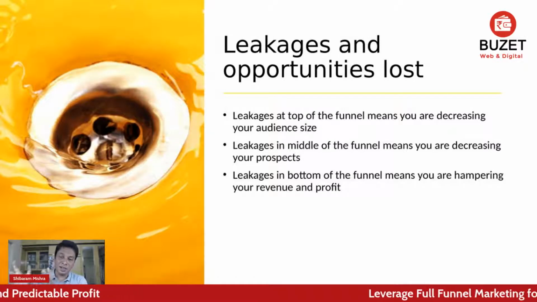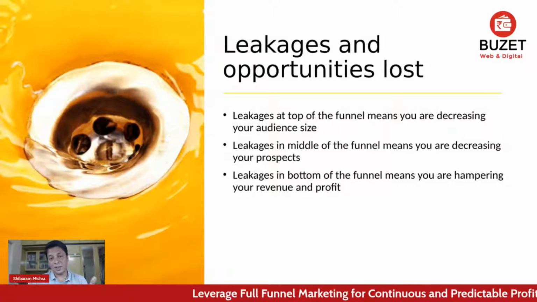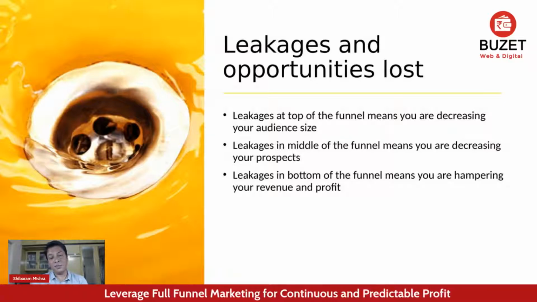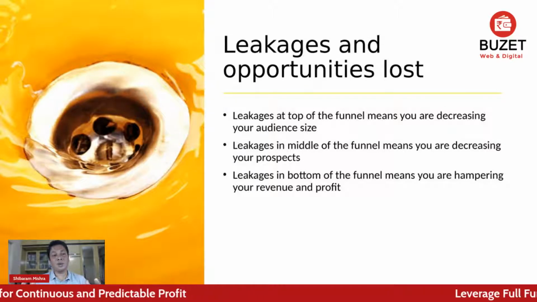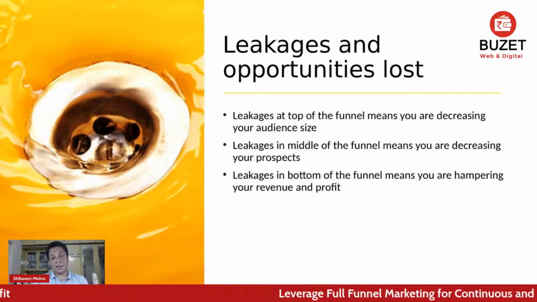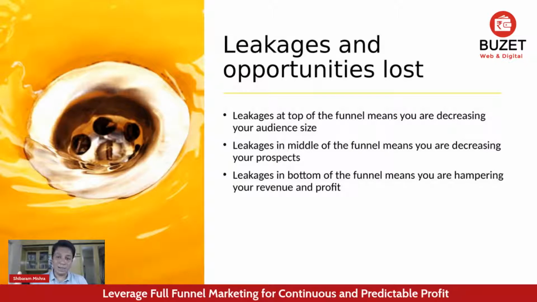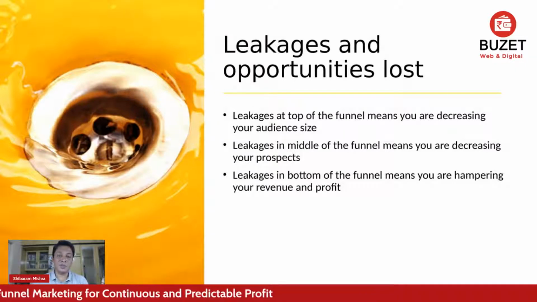Instead of 10 prospects, you will get 2 prospects out of 100, let's say. If you nurture them well, if you understand the leakages, you will fix them. Being aware of what the problems are is the first step of fixing a problem, isn't it? Then leakages in the bottom of the funnel mean you are actually hampering your revenue and ultimately the profit. As simple as that. So these leakages must be fixed.